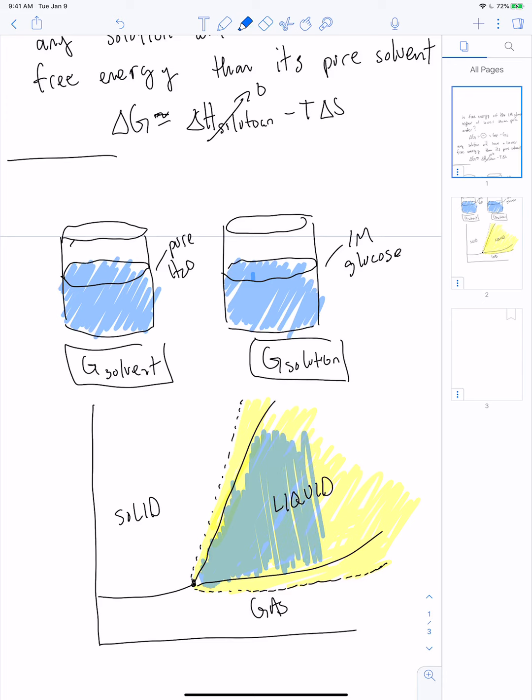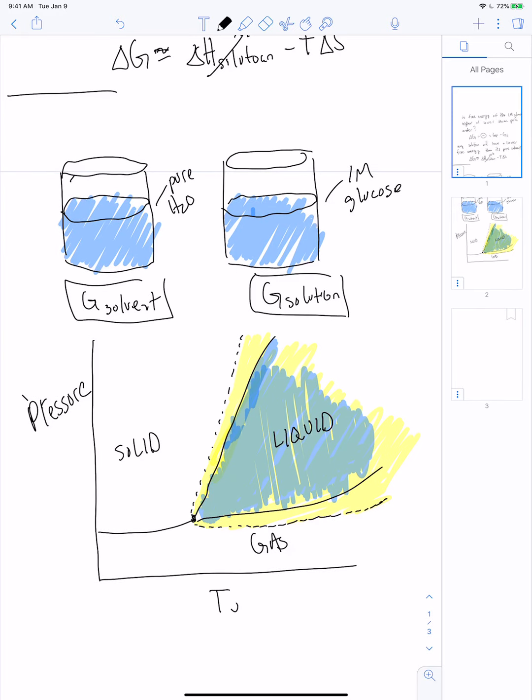So initially the liquid was stable. The free energy of the liquid was such that it was stable across this range of pressures and temperatures, where over here we have the pressure, and over here we have temperature.